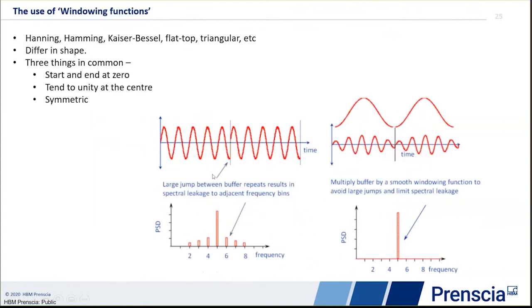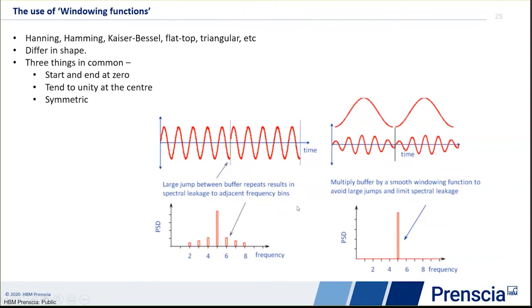If you can see here in the picture, there is a large jump between the buffers, which repeats and results in spectral leakage to the adjacent frequency bins. In such a way, you may see signal leakage. So instead of a signal at 5 hertz, you may see some adjacent leakage at 6 or 7, or in between.